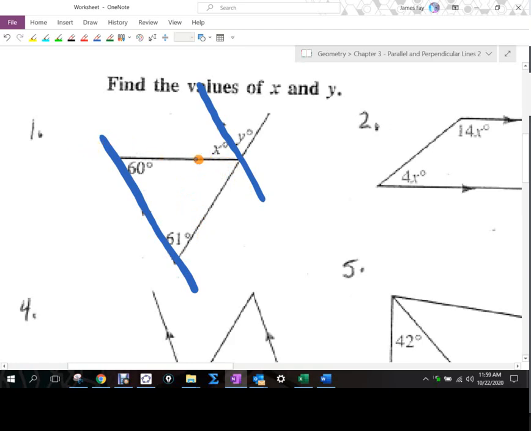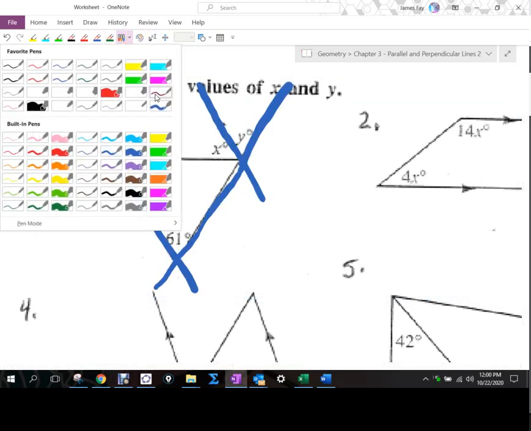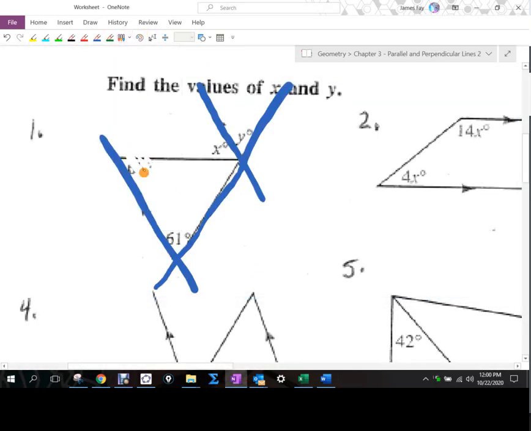You want to look at the kind of horizontal one, or you want to look at this slanted one? Okay, so you want to look at that one. So in that situation, if you cover this one up, you get y and 61. You said y was 61, right? What kind of angles are they?